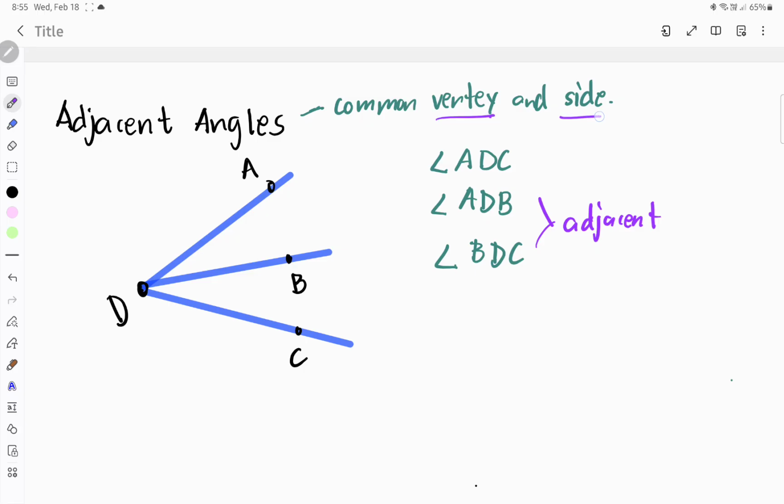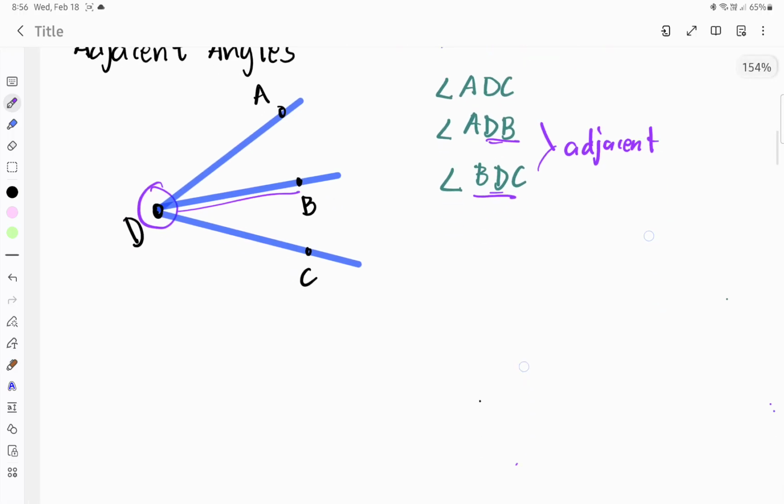They have a common vertex and a common side. This common vertex is D, and the side common to them is DB or BD. So that is how adjacent angles work: they require a common vertex and a common side.